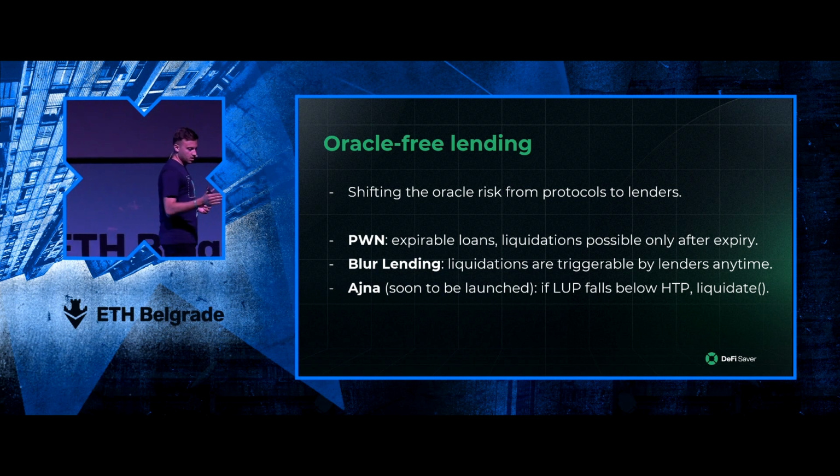So they said, okay, if the lender comes and decides to withdraw his ETH, the borrower gets some grace period to react, to either pay his loan back or to find another lender who would take the place of the previous one.